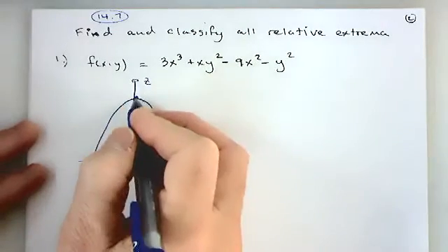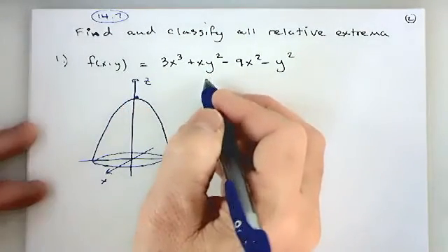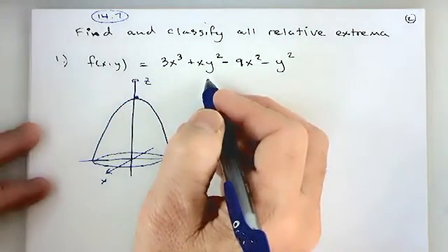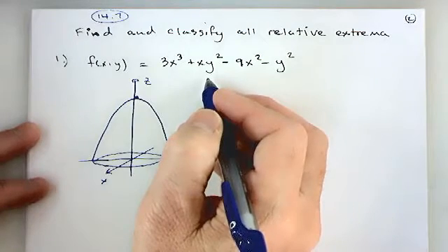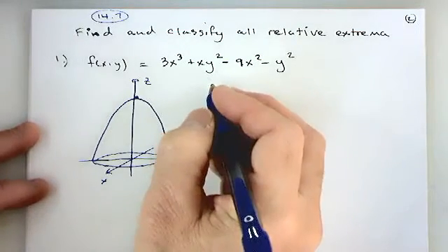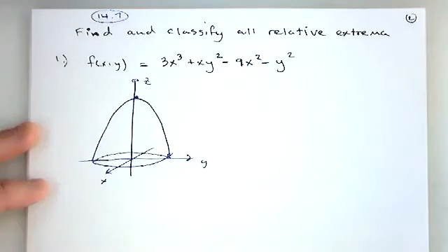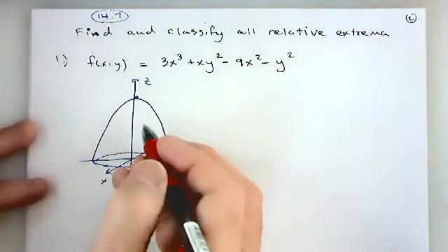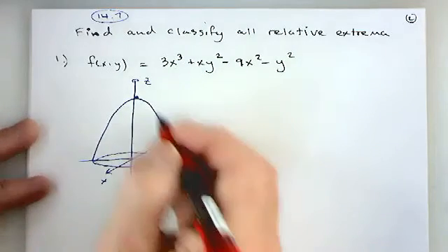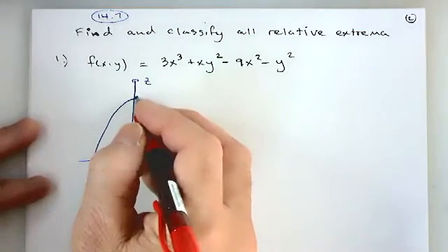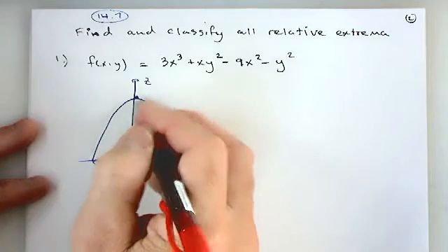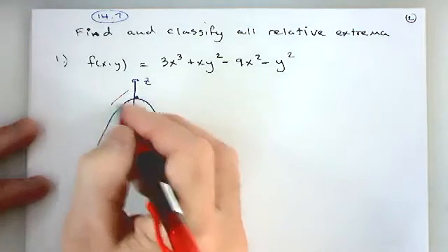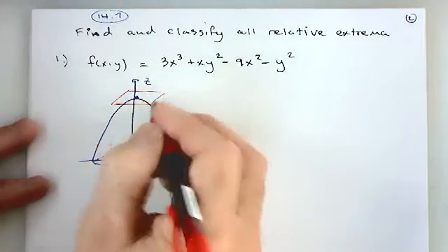So the starting place is we have to find critical points. We still call them critical points, places where we could potentially have a max or a min. But it's a little bit different than 21a. We have two derivatives, right? We can take our partial with respect to x, partial with respect to y. But in order for us to be at a point like this, it's not that you need a horizontal tangent line, you need a horizontal tangent plane, right?